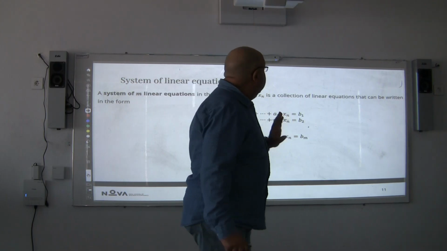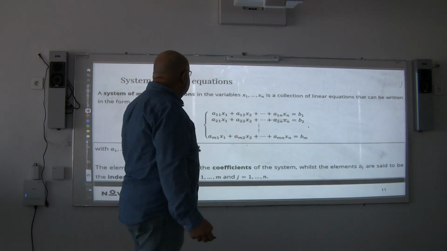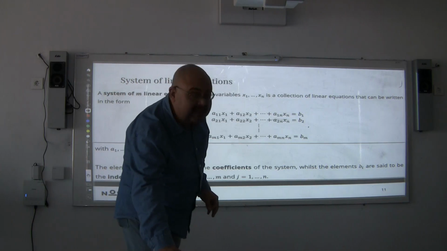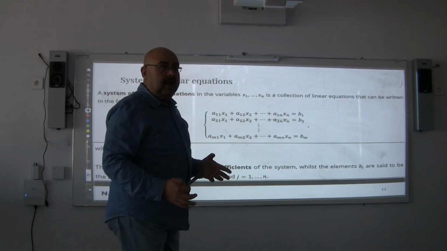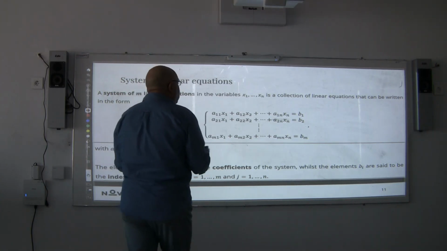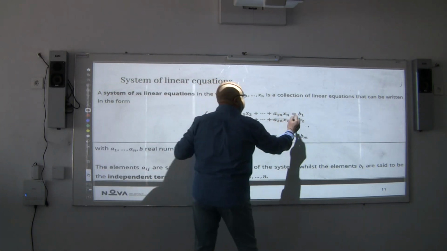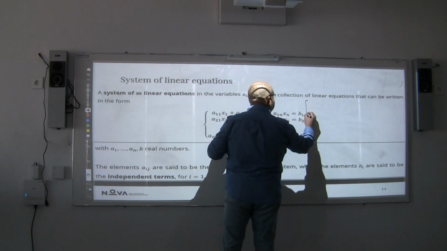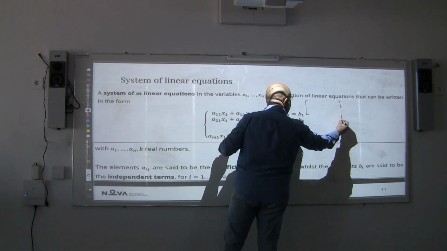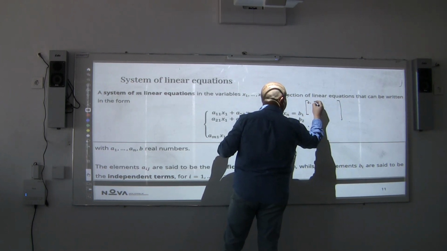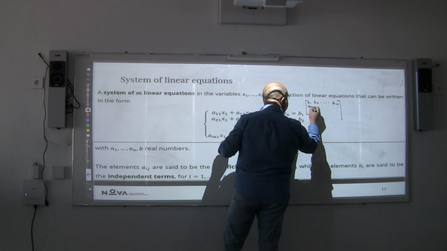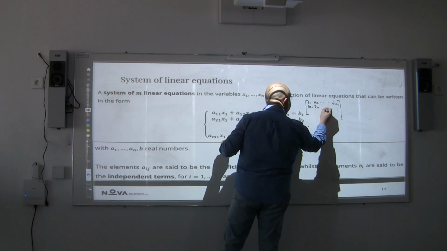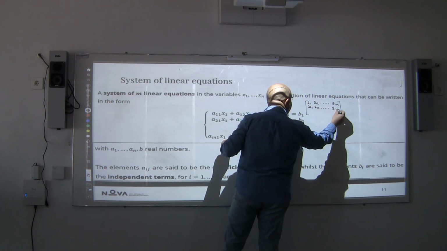This system of equations can be written simply as a matrix, bottom line. This matrix will simply collect all the coefficients. Remark, I can get all the coefficients, which are a11, a12, and so on, till you reach a1n. Then I will have a21, a22, and so on, up to a2n.